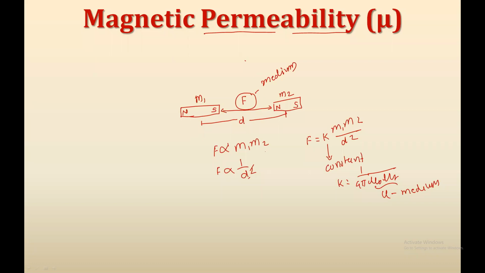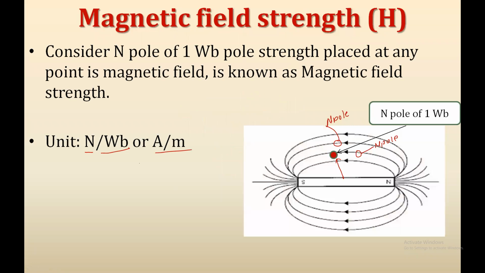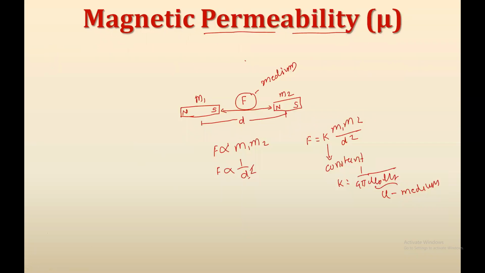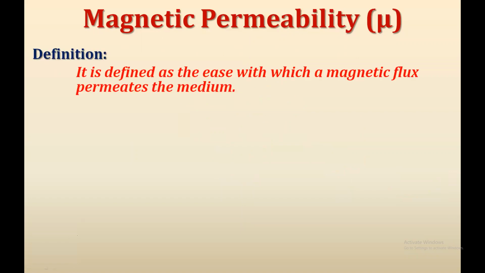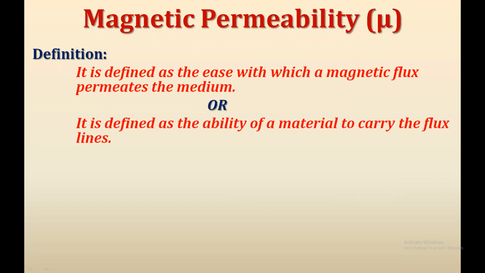And based on that, the concept is there. Let's try to discuss the permeability concept. It is defined as the ease with which magnetic flux permeates the medium. Is it right? Or you can also say that it is defined as the ability of a material to carry the flux lines.